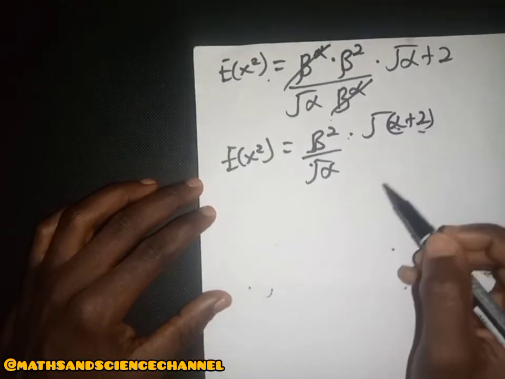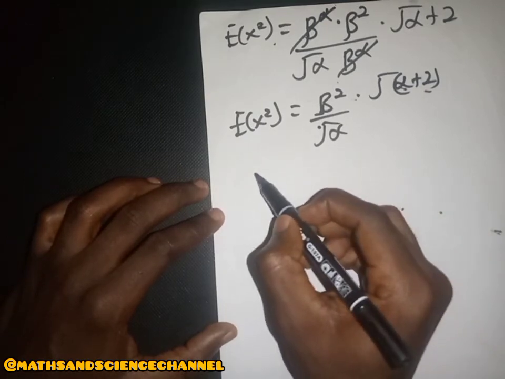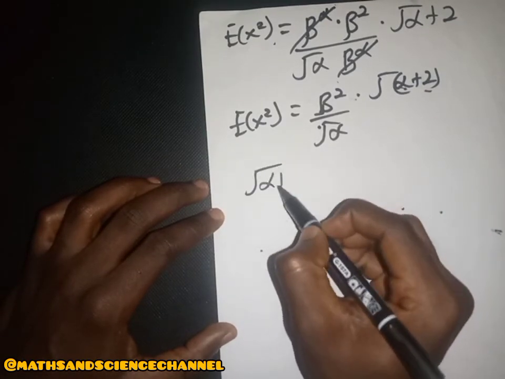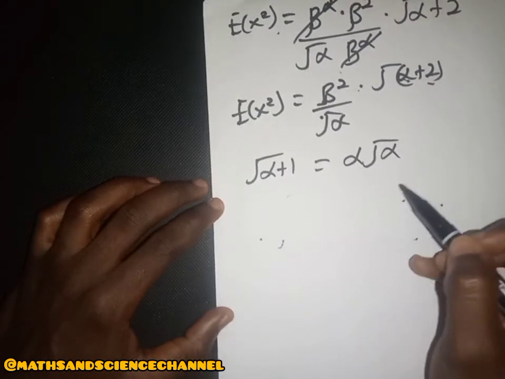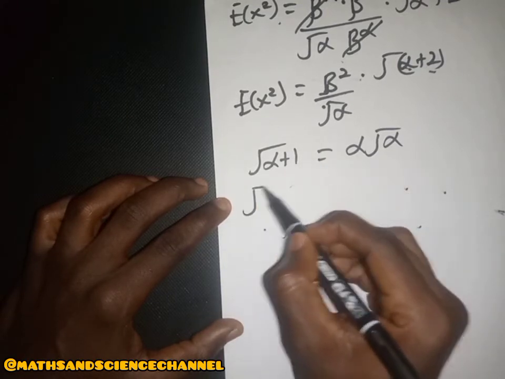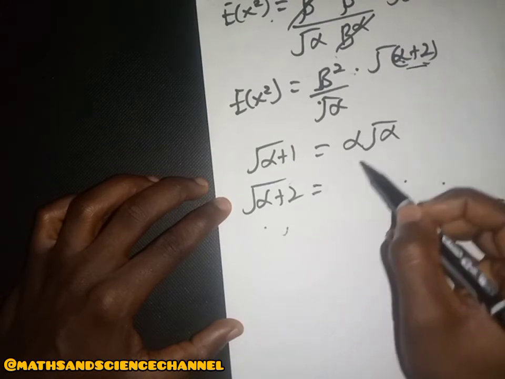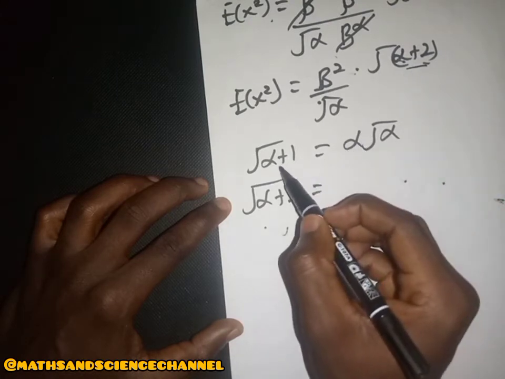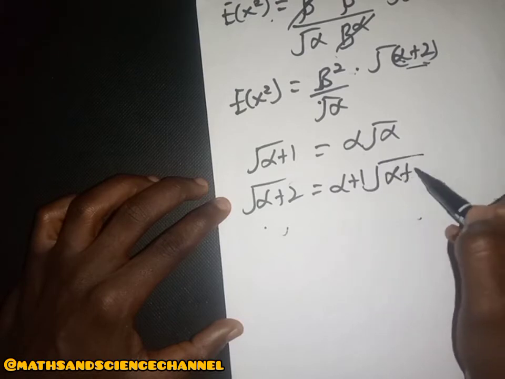Now we said from another property that if you have the gamma of alpha plus 1 here, it is equal to alpha gamma alpha. So if we have gamma of alpha plus 2, which we have over here, it's just going to be alpha plus 1 times gamma of alpha plus 1.